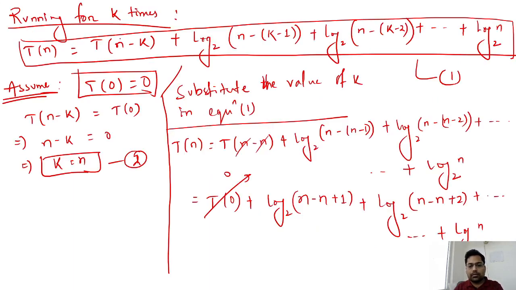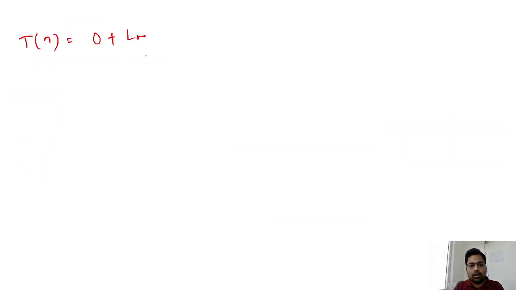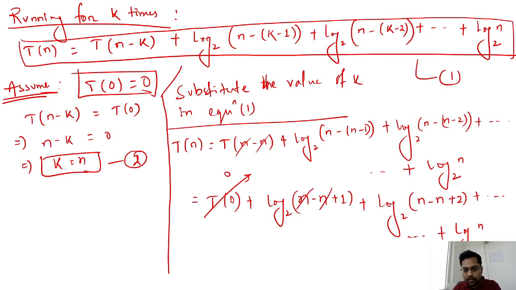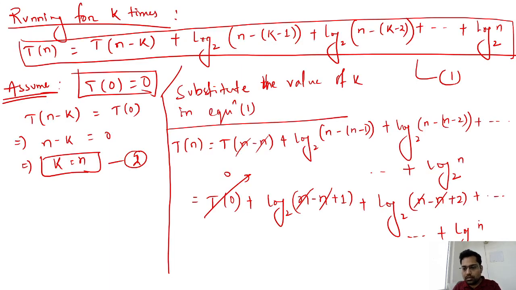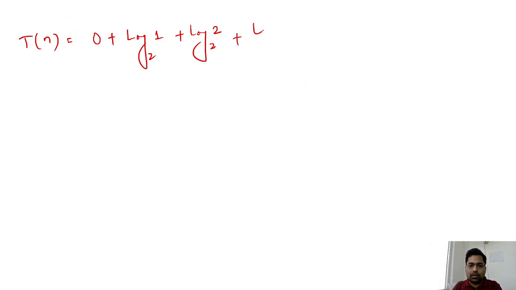So t of n, you can write 0 plus log 1 base 2, log 2 base 2, log 3 could be the next one, like up to log n base 2 you are writing.